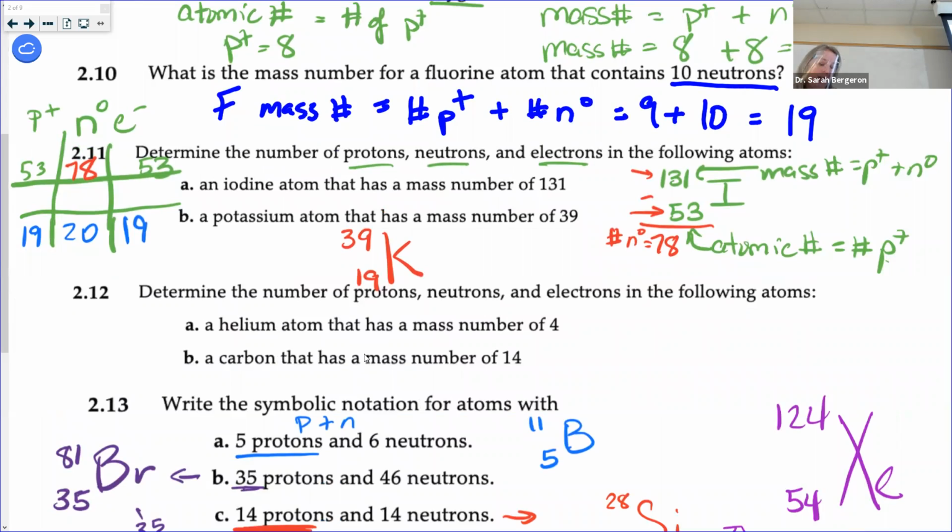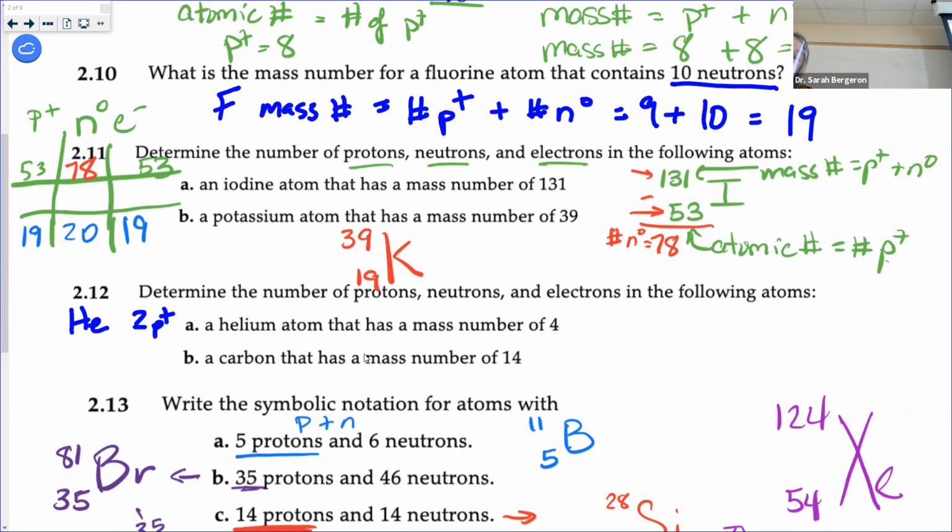We end at 20. Okay. Determine the number of protons, neutrons, and electrons in the following atoms. A helium atom. So helium is what symbol? He, and He has how many protons? 2.